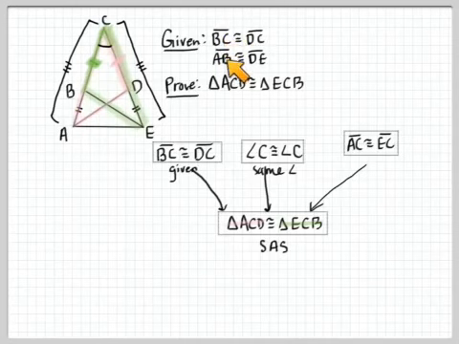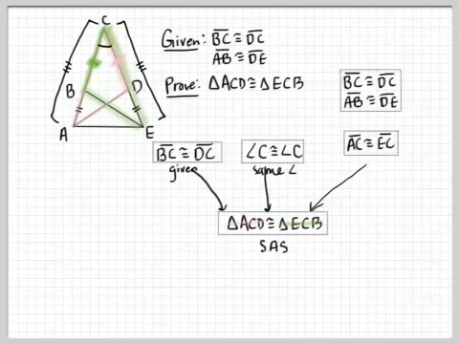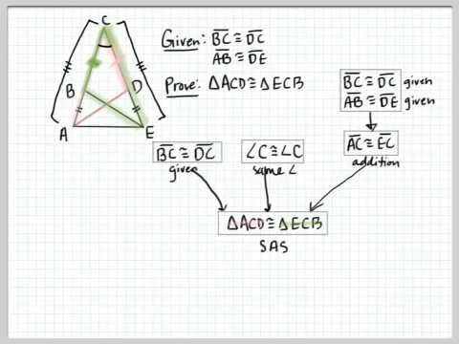If I take BC plus AB, that will tell me that AC is congruent to ED plus DC, which gives me EC. So above here, I'm going to write my addition construction, how I add two things, like I showed on the previous couple slides. So I've got BC congruent to DC, AB congruent to DE. Those are both givens. And when I add them, I get AC and EC.